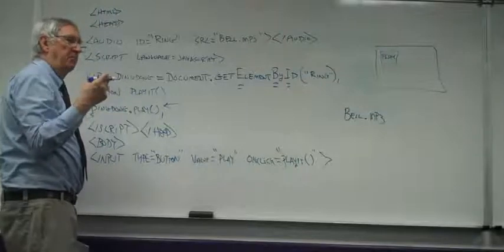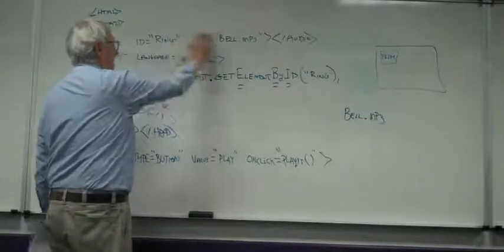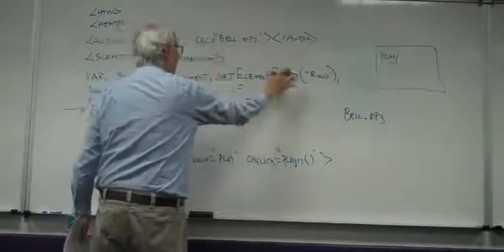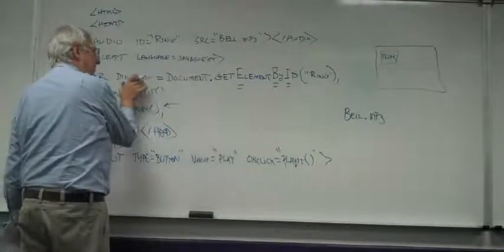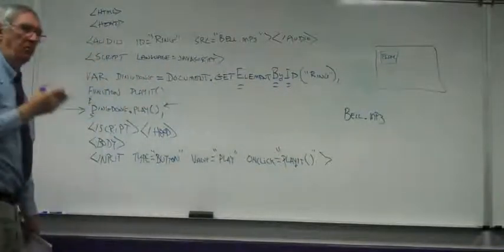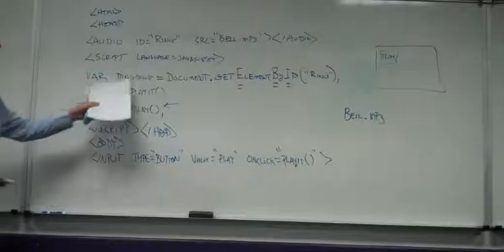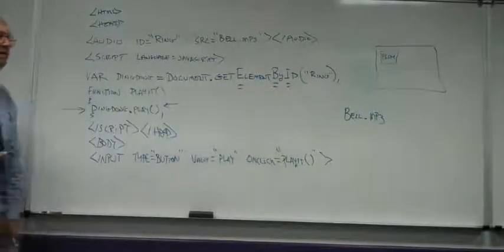So what it says is, bring this ring to me from that document, that thing there, and give it this name. So now it has a JavaScript name that will work. It'll do something. It wouldn't do something before. It's like sending an argument to a function. This is receiving it. That is a function, by the way.